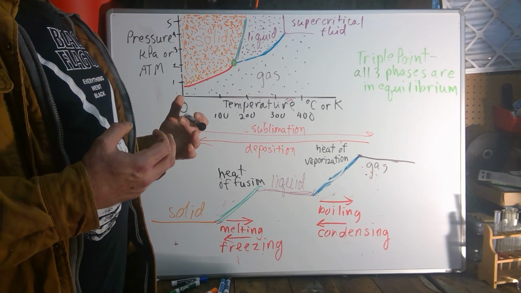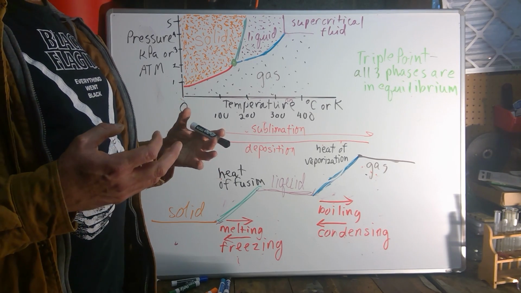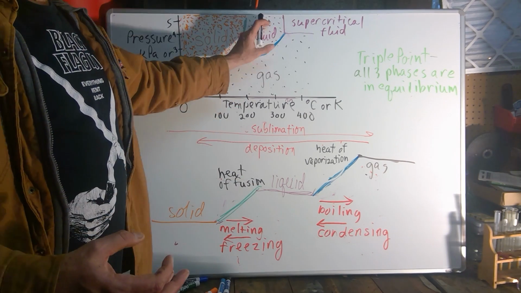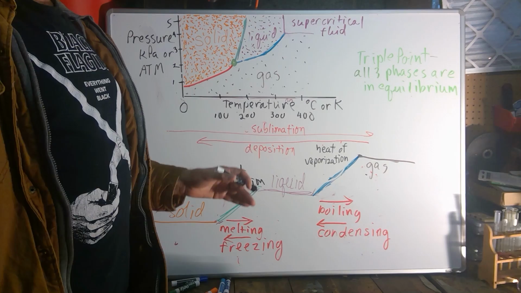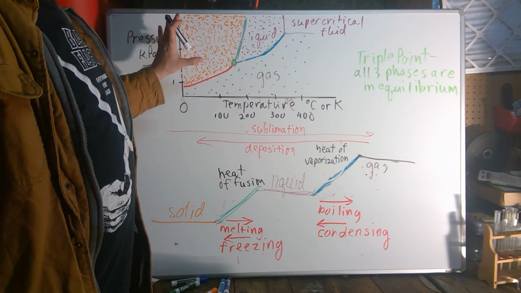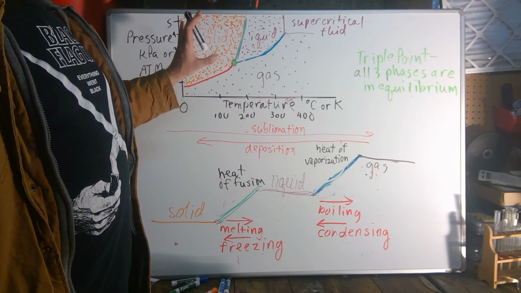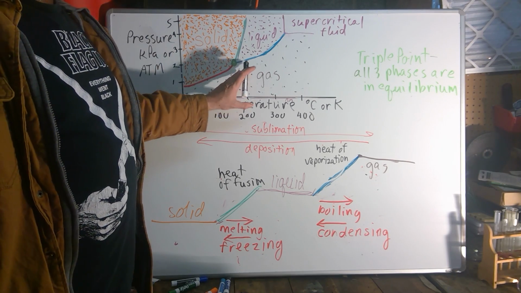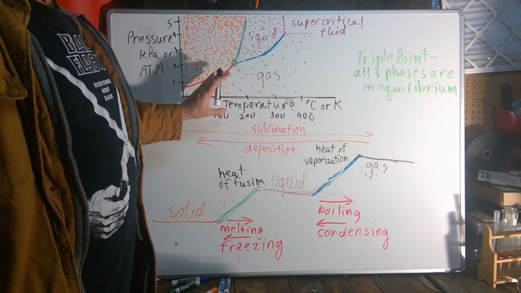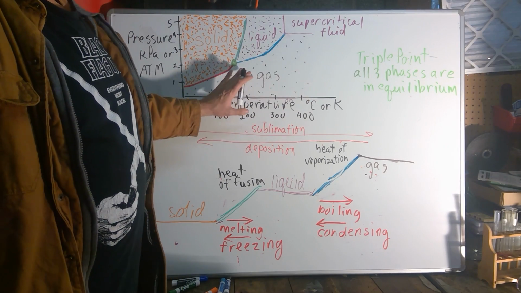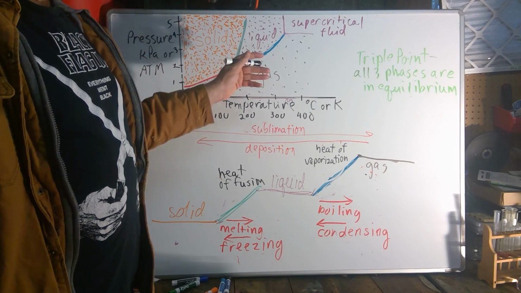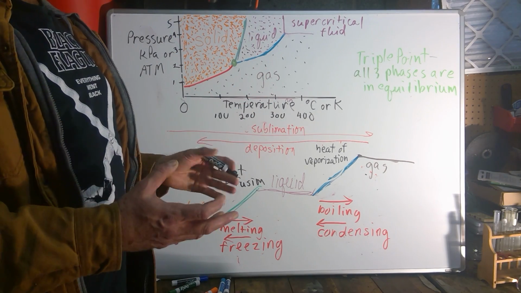It is very hard to get it in a liquid state. It has to be at a certain range of temperatures and a certain range of pressure. And not surprisingly, on a lot of these phase diagrams for different substances, most of the zone is gas or solid. Often the liquid is the smallest region in the chart.